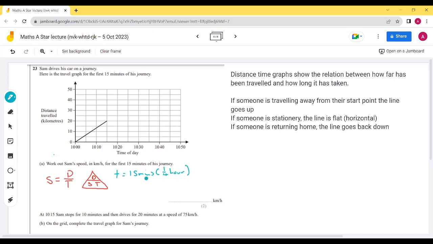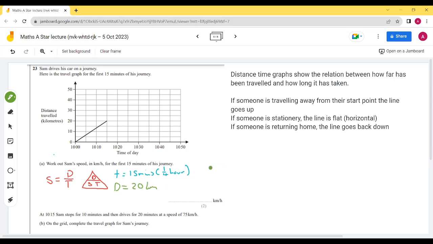And remember, it's important this speed is always measured, unless you're told otherwise, in miles per hour or kilometers per hour. Then we've got distance equals, well, it's from 0 to 20 equals 20 kilometers.